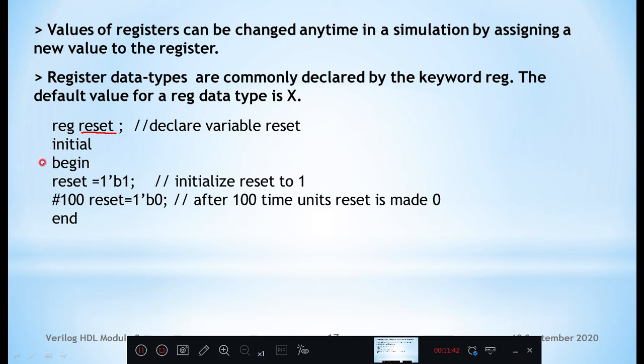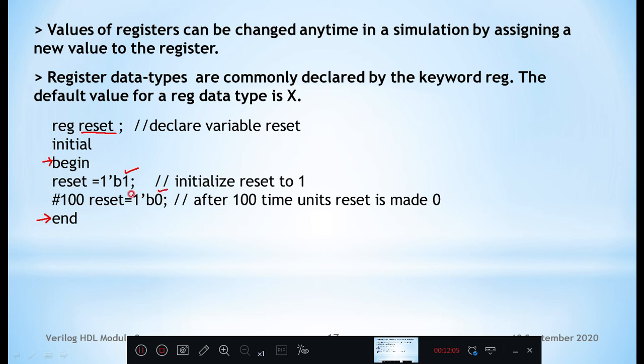Inside the initial statement, begin indicates the start of the initial block and end indicates the end of the initial block. Reset is assigned with value 1. Initialize reset to 1, and then after 100 time units reset is made 0.